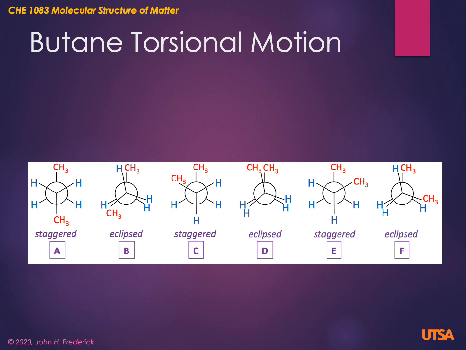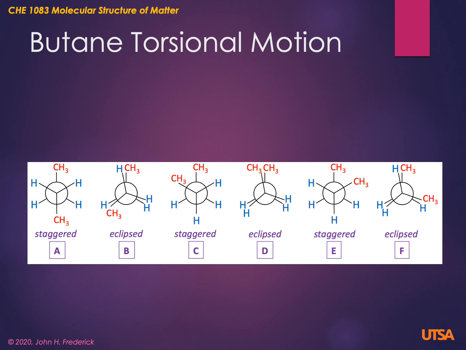Again, when we twist by 60 degrees, now we're going to have everything eclipsed, but notice what we have this time. We have two pairs of eclipsed hydrogens, but we also have a pair of eclipsed methyl groups. Okay, and they're the biggest thing on this molecule, so that's going to be a very unfavorable eclipsed, very high potential energy conformation corresponding to D. When we twist another 60 degrees, we'll end up with conformation E, where again they're staggered.